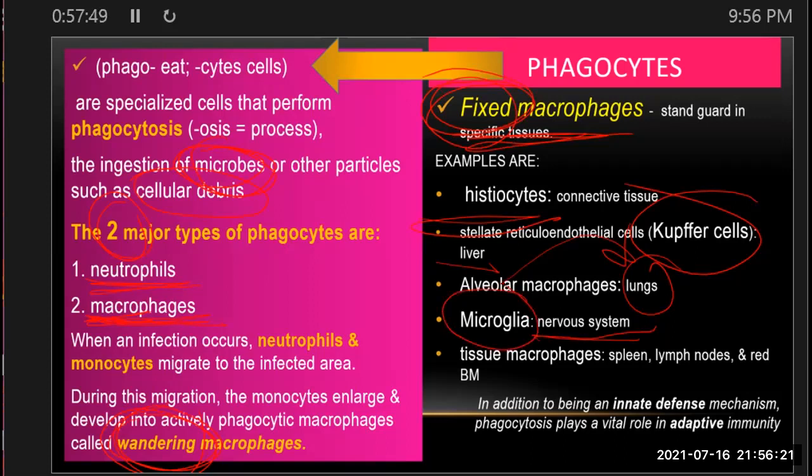In addition to being an innate defense mechanism, phagocytosis plays a vital role in adaptive immunity. And please, again, neutrophils are abundant in the blood and essential in acute inflammation, because they are the first immune cells to arrive at the site of infection. And macrophages are tissue-resident cells that act as an initial defense mechanism and serve to activate the adaptive immune response.